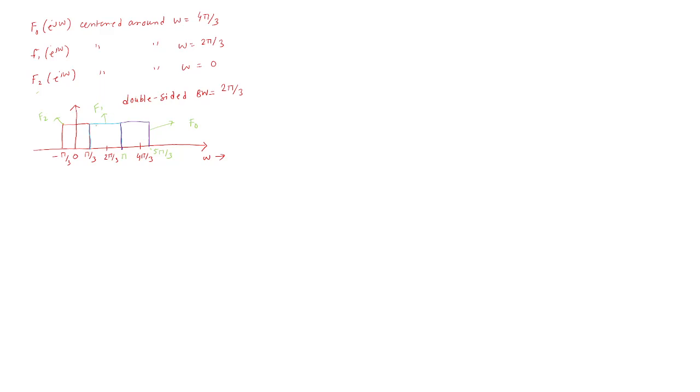So these are ideal brick wall filters. In practice you won't get such abrupt cutoff behavior. You have something more like this, but that is not our concern as of now, so we'll let it go.